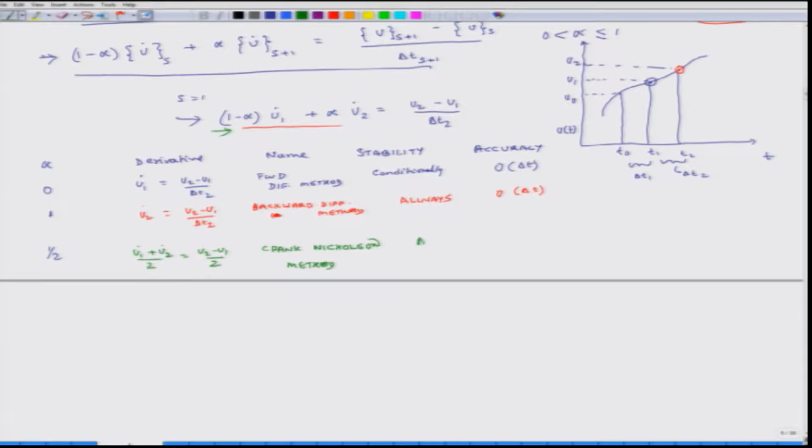So, this is always stable, and here the accuracy increases quadratically with respect to time increments. Okay. So, if I halve my delta t, my accuracy goes up by a factor of 4. This is important to understand.